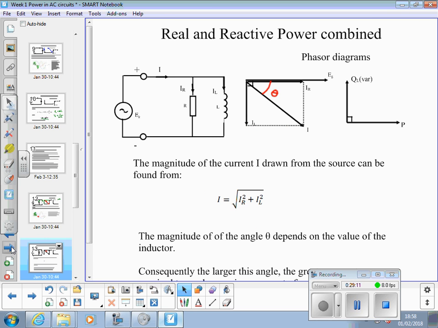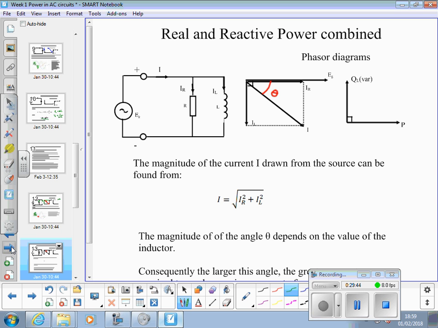Real and reactive power combined. Further, the magnitude of the current I drawn from the source can be found from this triangle using Pythagoras theorem, because we've got IR down one side, IL down the other side, so the overall current, the line current flowing, is the square root of IR squared plus IL squared.